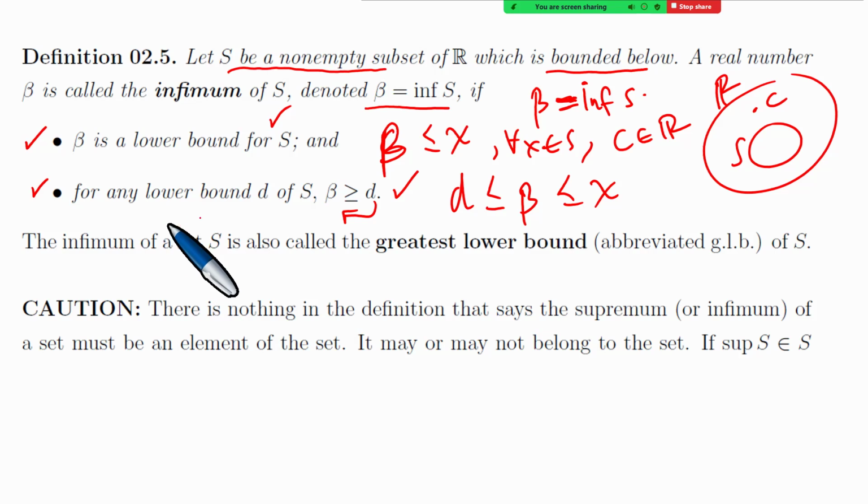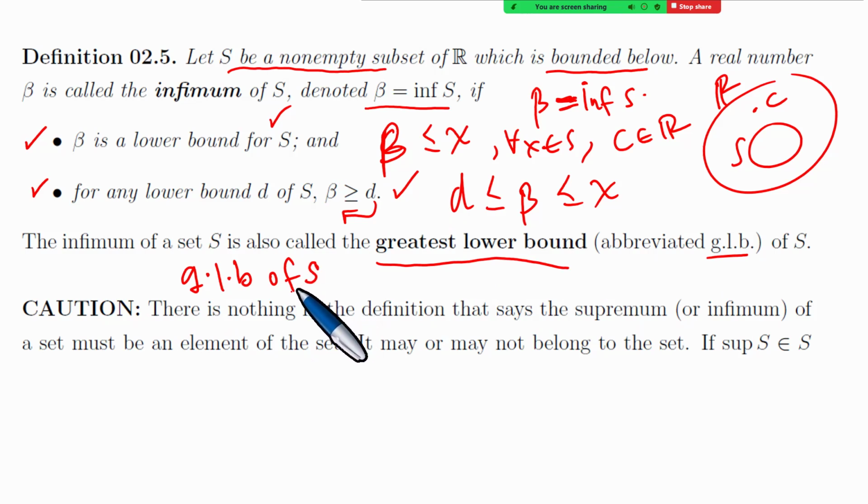For any lower bound, D is going to be smaller than the lower bound that is there. So the infimum of a set S is called the greatest lower bound, GLB, of S. So in other words, when we have a lower bound, we're interested in the greatest lower bound.